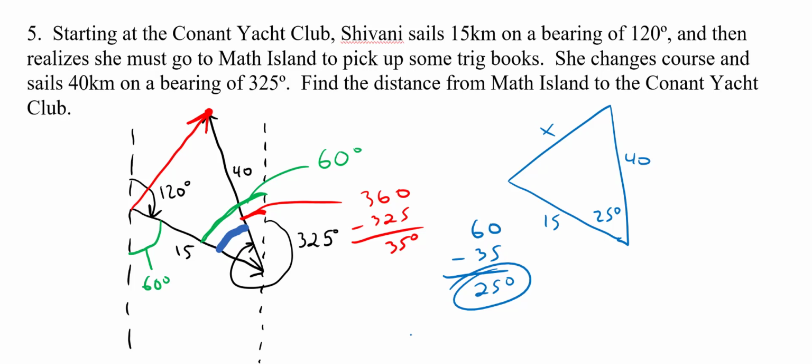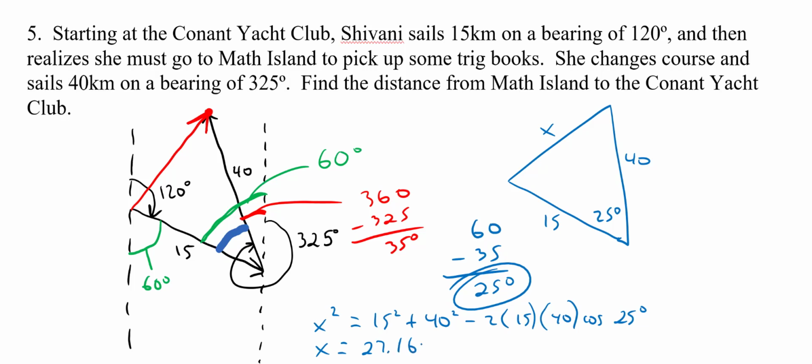So x squared is equal to 15 squared plus 40 squared minus 2 times 15 times 40 times cosine of 25 degrees. So take the square root and we get x equals 27.16 kilometers. There we go.